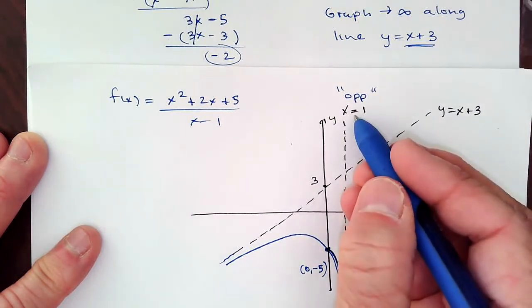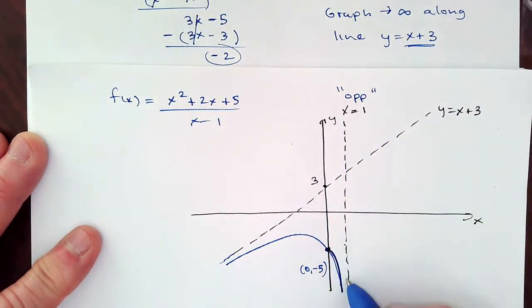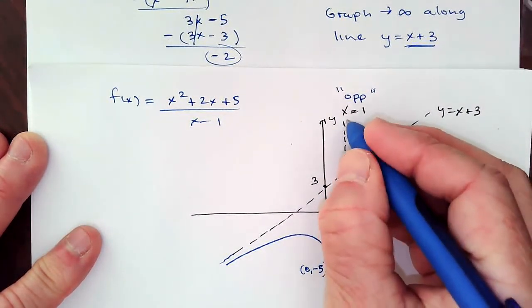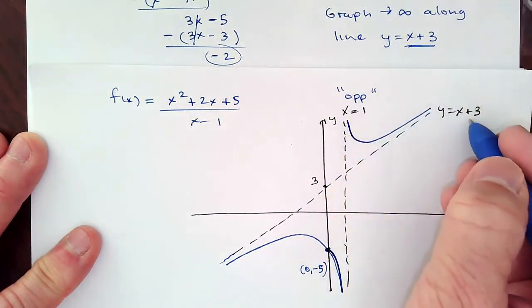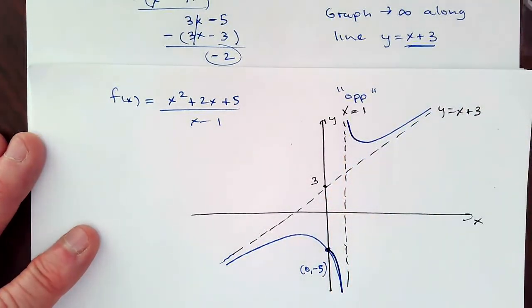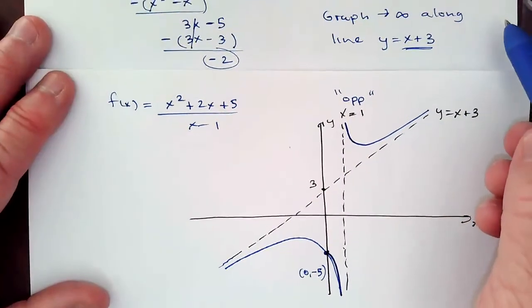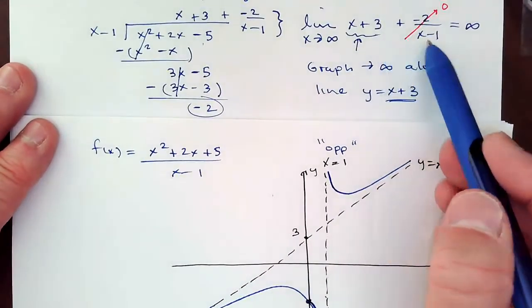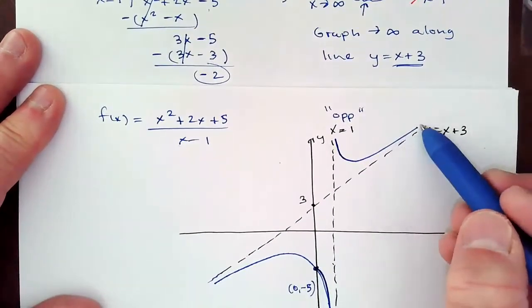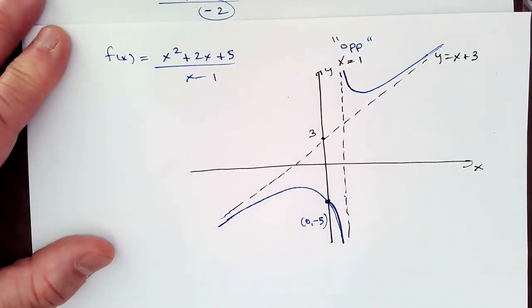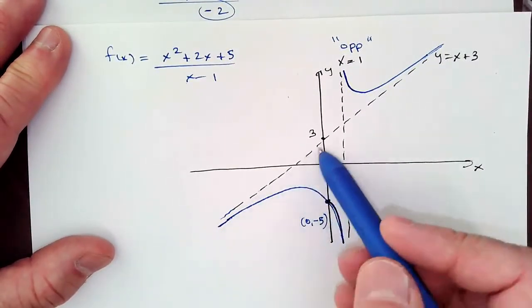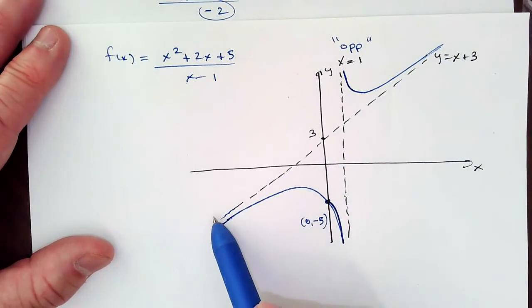Since it's an opposite vertical asymptote, on the left side it went down, on the right side it's going up, and it bends around and starts to approach this tilted asymptote in that direction. Notice these limits are still true, right? As x goes to infinity, the function does head up towards infinity, and in the opposite direction it goes down to negative infinity. But it would approach that tilted asymptote.